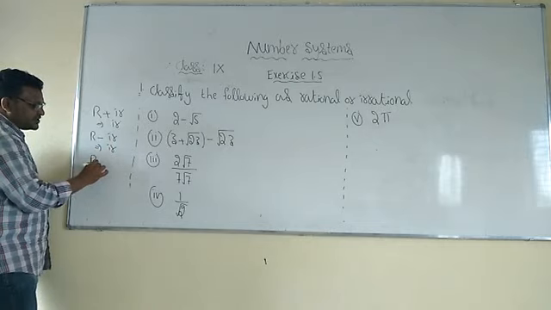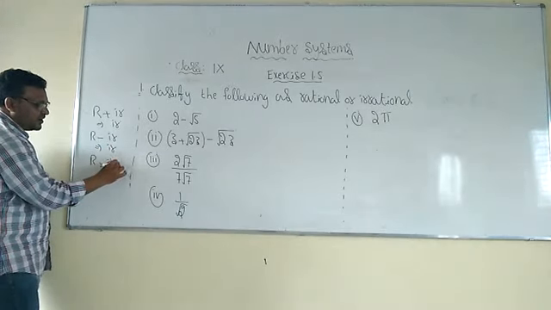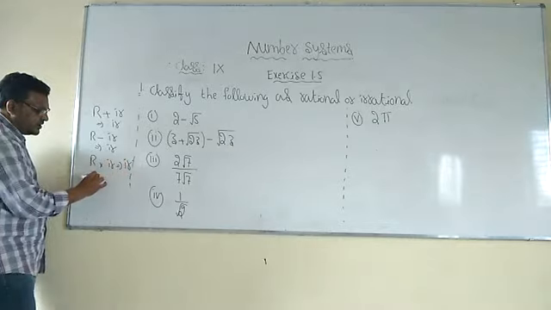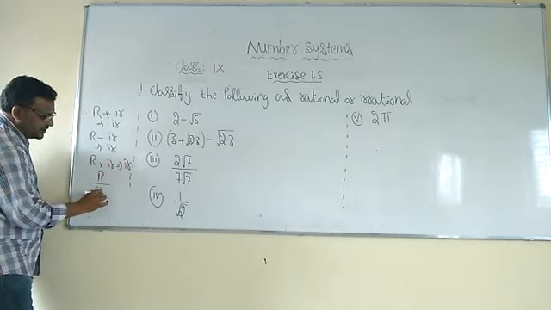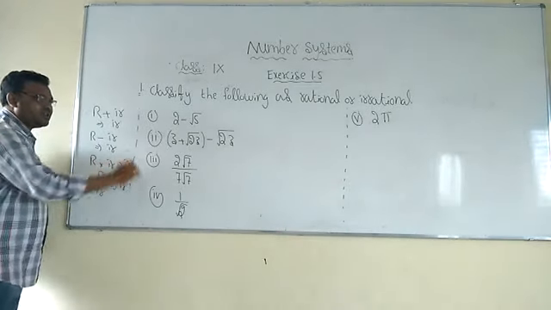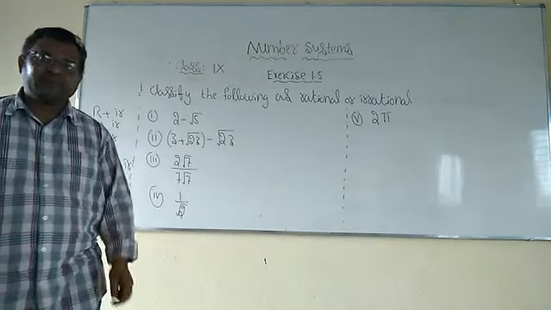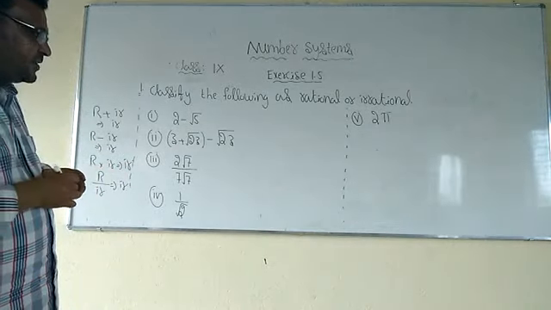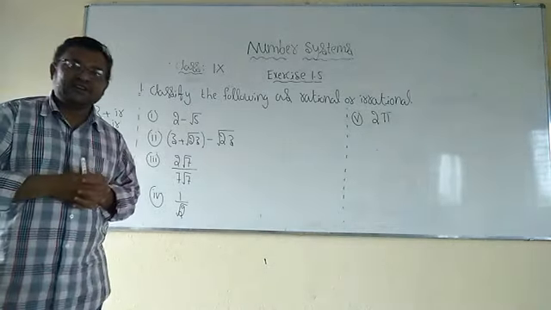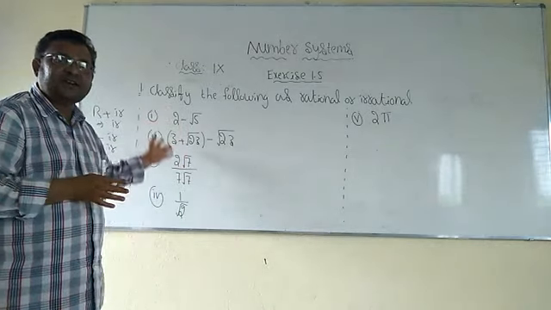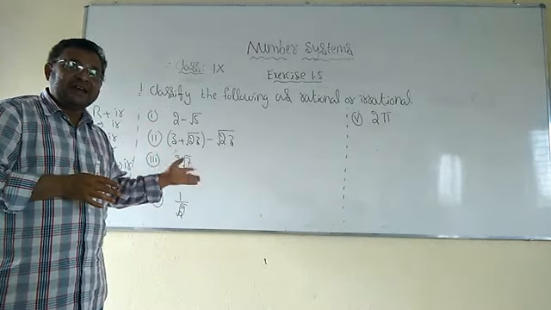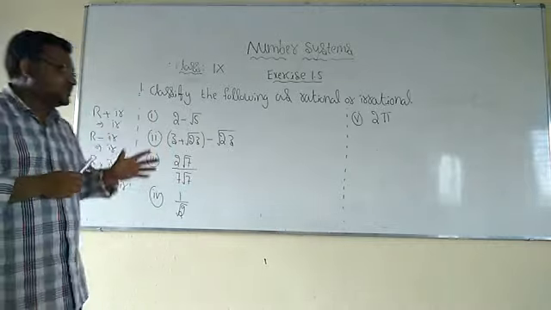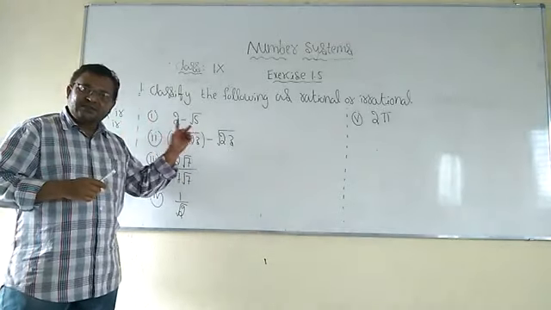Multiplication of rational and irrational also irrational only. Division of rational and irrational also irrational only. By using these four properties, we have to classify the given numbers as rational or irrational. The first one, 2 minus root 5.